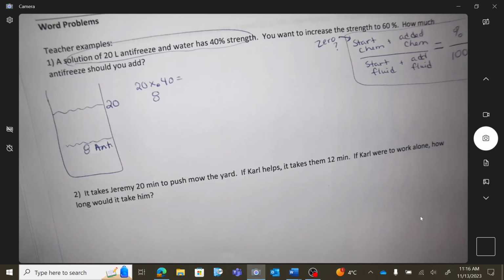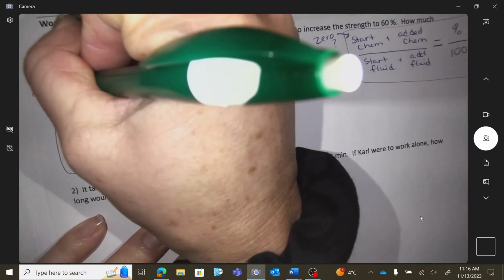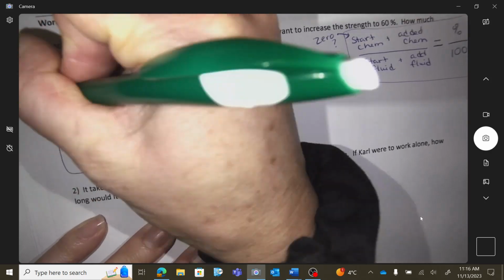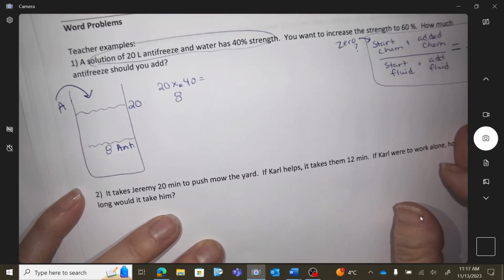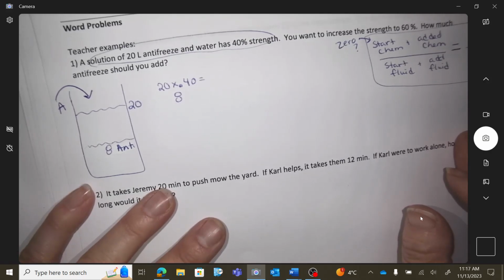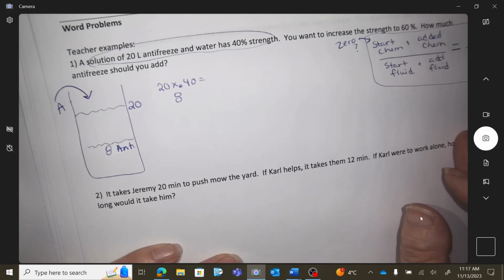So technically, I would have 12 liters of water in there mixing, right? Okay, ready? I'm about to add more antifreeze. I don't know how much more I want to add. So I'm going to put more antifreeze in there. Okay, you ready?